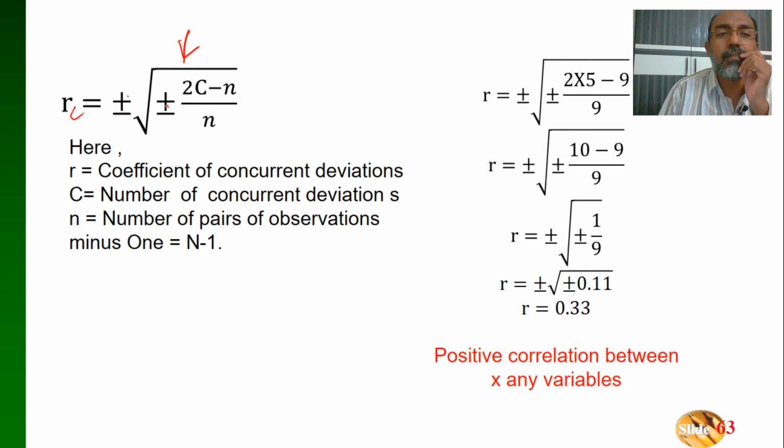It is also mentioned here. Why? Because there is a limitation for the concurrent deviation method.